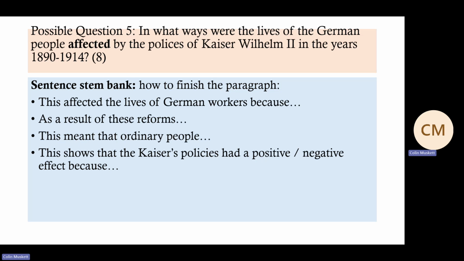If you do 2 fairly well developed points, you're going to get to 6 marks. If you then start to get into the complexity, particularly showing how people's lives are affected in different ways, so you've got that complex thinking, that's going to get you into level 4, 7 to 8 marks.